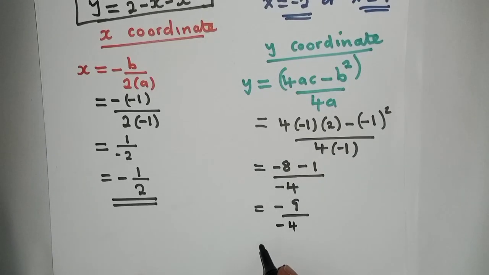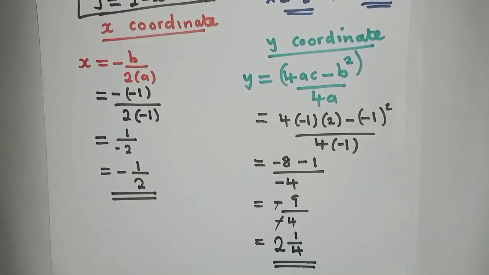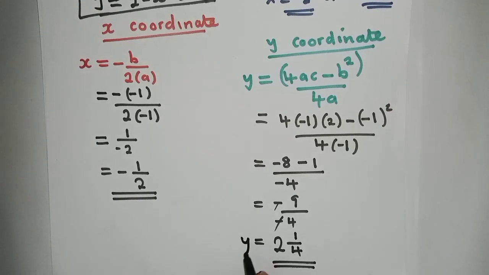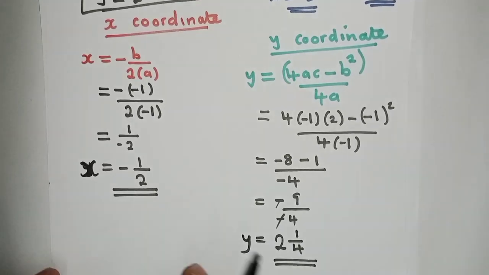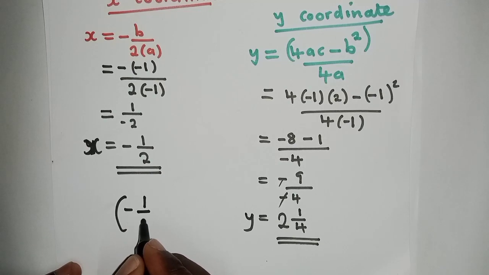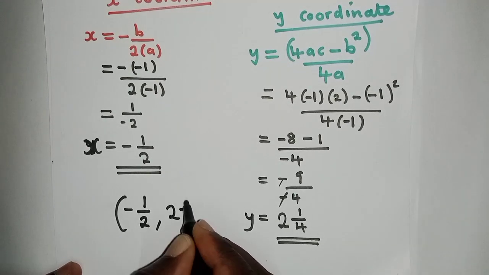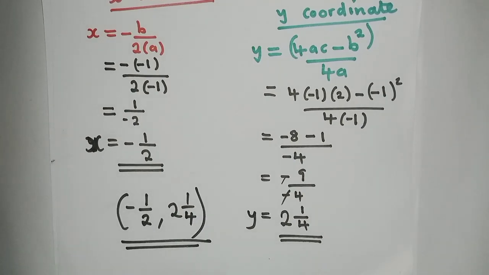So we work out nicely, we find our answer to be equal to positive 2 remainder 1 over 4. So this is our y coordinate, and our x coordinate right here. So the coordinates we can write as -1 over 2, 2 remainder 1 over 4. So this is our solution.